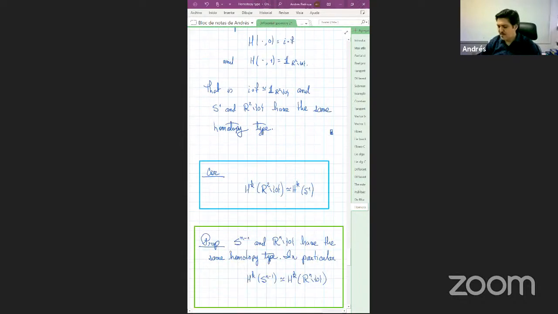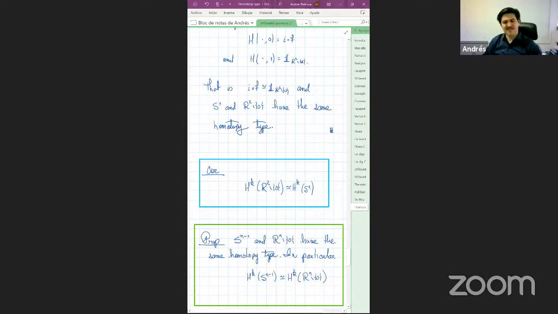You can work out the same functions, but instead of having a point in R2, it will be in Rn. And you will be able to show that R^n minus the origin has the same homotopy type as the n-1 dimensional sphere. And in particular, they will have the same cohomology.